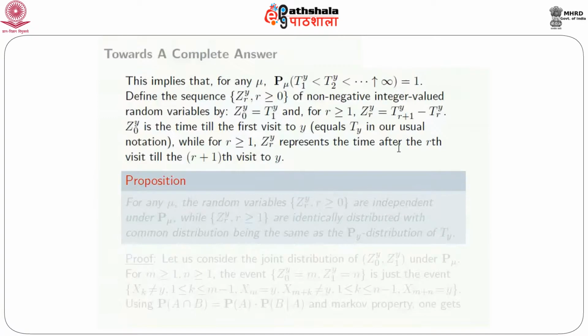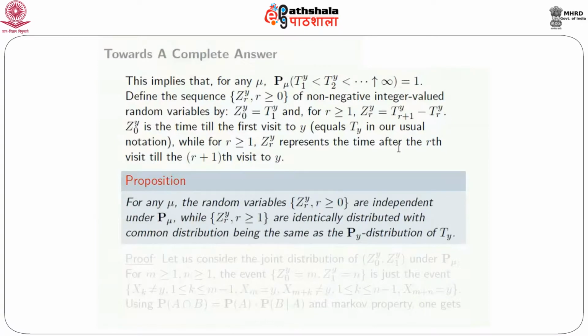Now here is a very, very important, useful proposition. It shouldn't be very surprising, but nevertheless. For any mu, if you look at the random variables Z_r^y for r equal to 0, 1, 2, 3, etc., so we have a sequence of random variables indexed by non-negative integers, these random variables are independent under P mu. So whatever be the initial distribution, these random variables are always independent.